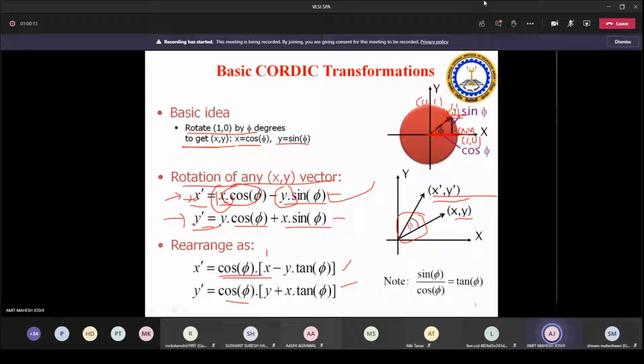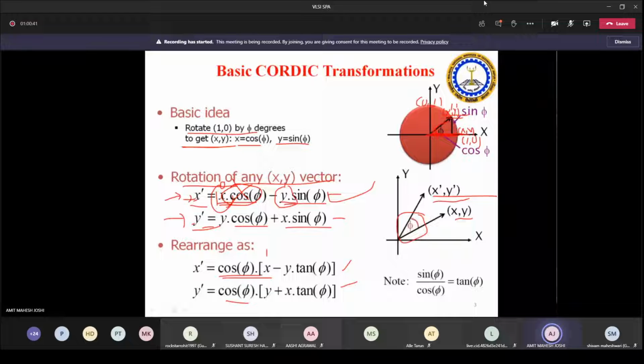This xy is always in my hand. What is this xy? It is where I am starting. I can start with this point also, so I can simply put x equal to 0, y equal to 1. This term will vanish, and I can find out my sine phi, because y is equal to 1, so x dash is nothing but my sine phi.